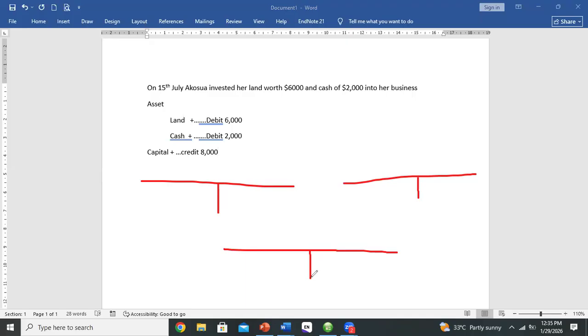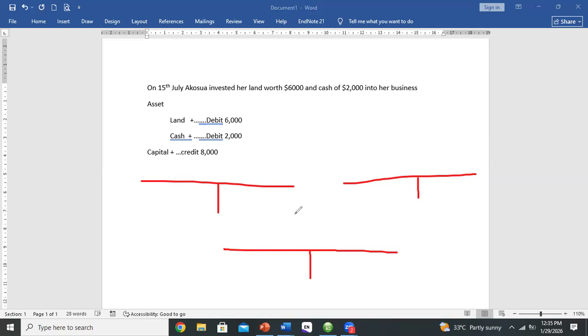No, it's not 3. The effect is still 2. We are dealing with 3 accounts, but the effects are 2 because there is a plus of 8,000 and another plus of 8,000 in an asset and capital. So the effects are still 2 increases. Don't let the 3 accounts suggest to you that the double entry is wrong.